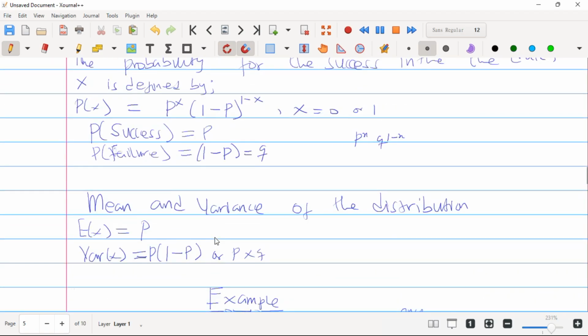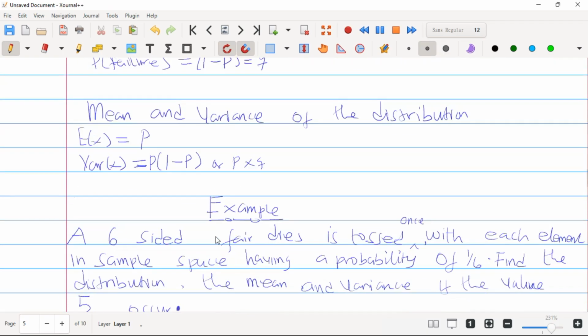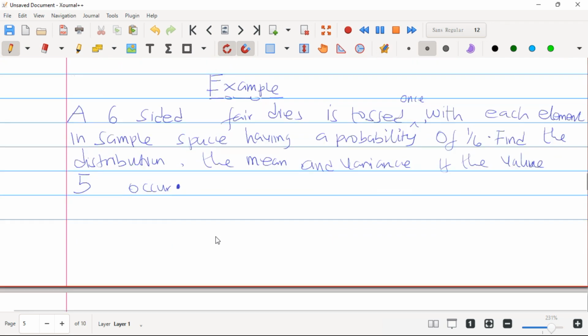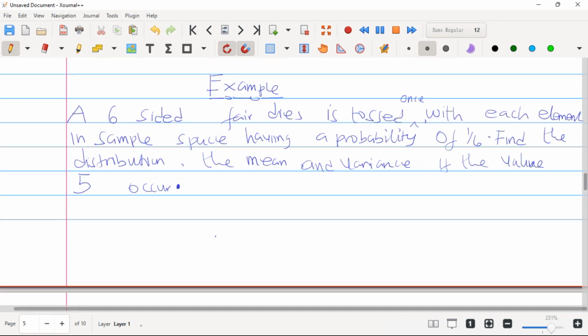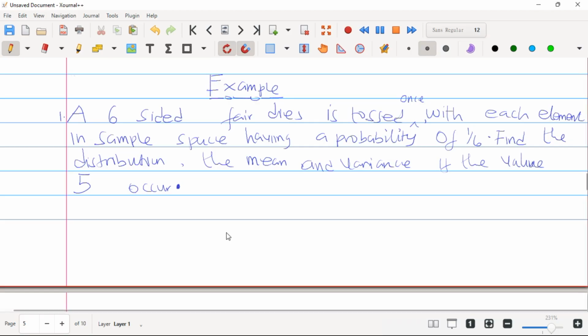So let's go through some examples to really appreciate the probability mass function and the mean and variance of the distribution. Our first example: a 6-sided fair die is tossed once, with each element in the sample space having a probability of 1/6.